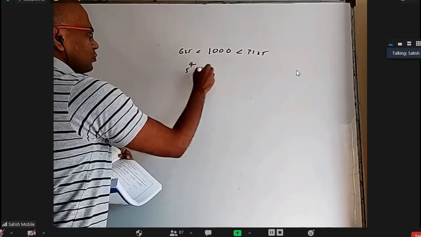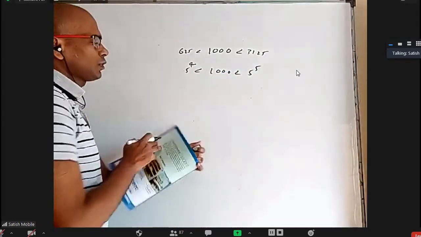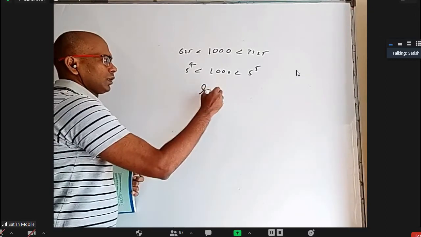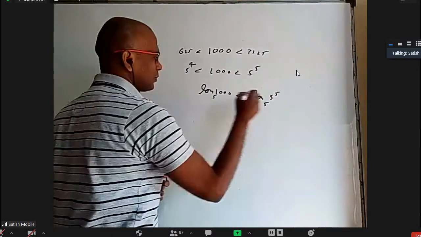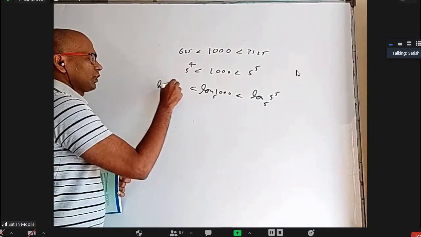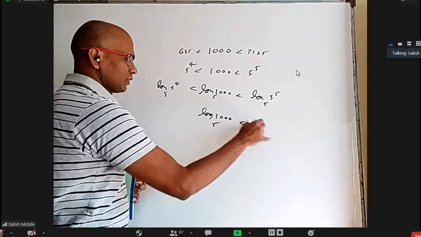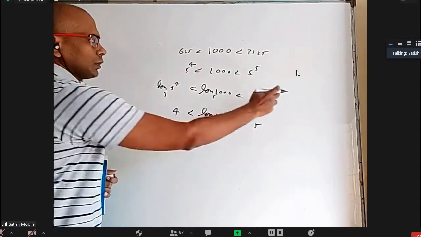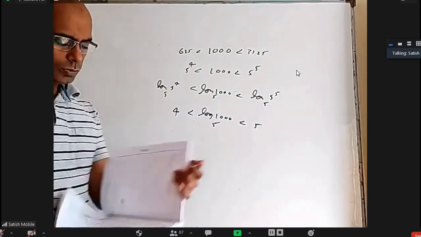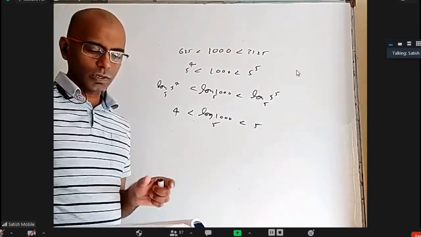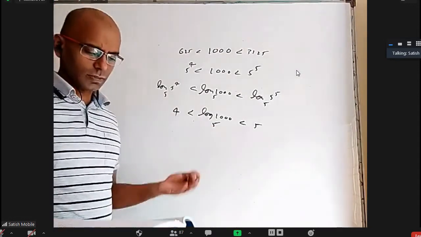That is 5 power 4 less than 1000 less than 5 power 5. Now when you apply log 1000 base 5, it will be less than log 5 power 5 base 5 and more than log 5 power 4 base 5. So log 1000 base 5 is between 4 and 5. Even though the exact value I cannot find, I can tell it is between 4 and 5. If you require more clarity, we'll see later.